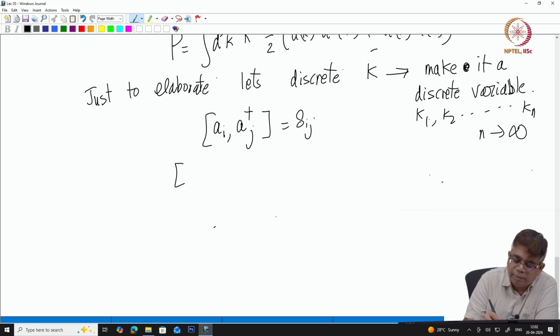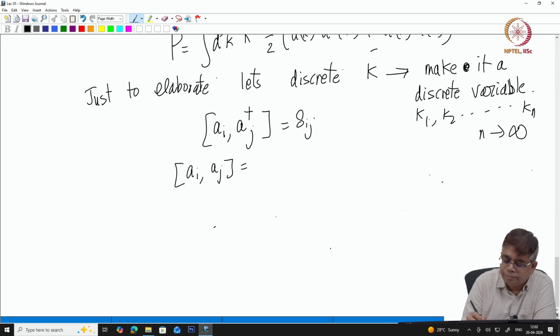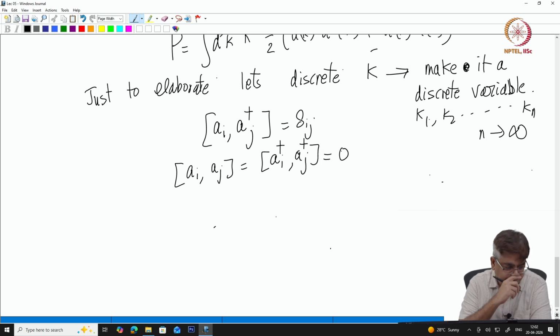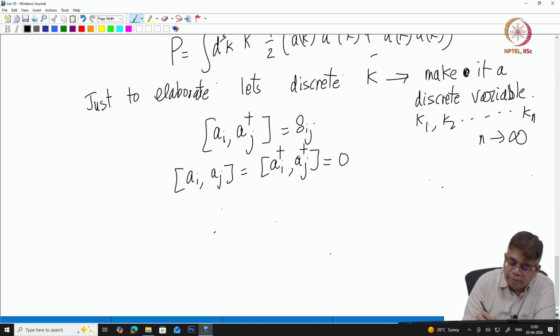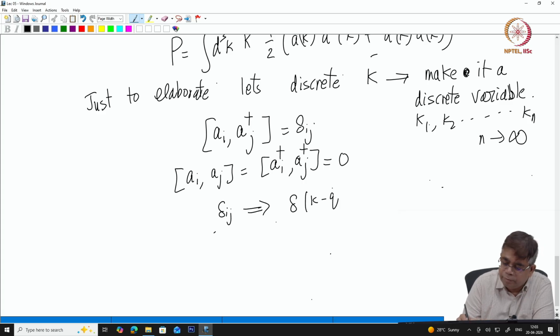So you have the same relations: a_i, a_j equals a_i dagger, a_j dagger equals 0. The Kronecker delta, delta ij, is replacing delta of k minus q.